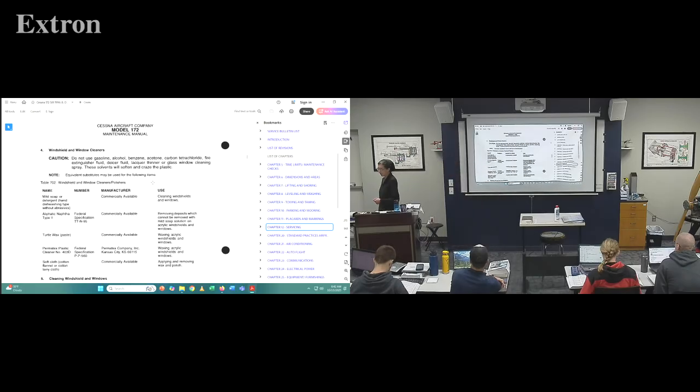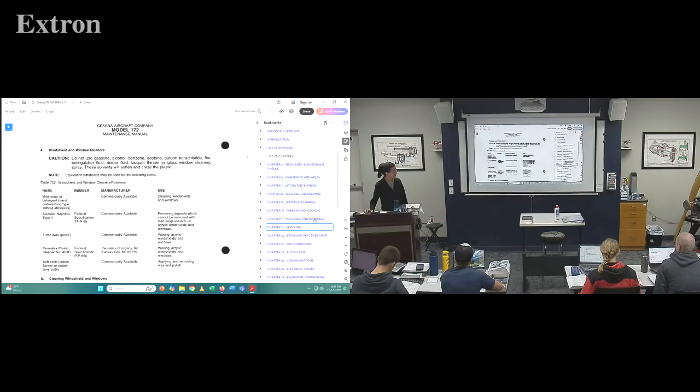And then, where would you go to know what to use on the aircraft? The maintenance manual, service manual. And typically, and you're going to be doing this in just a minute, it's going to be in the servicing chapter, whether that happens to be chapter 1 or 2, or if it's chapter 12, because this one is an old manual.